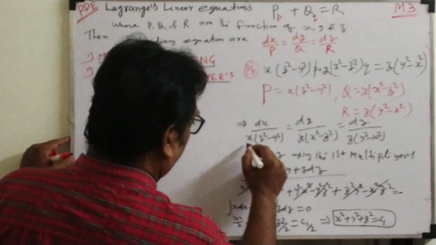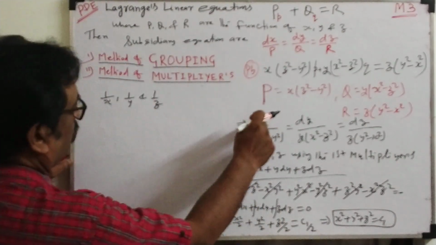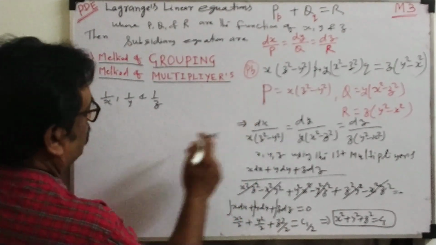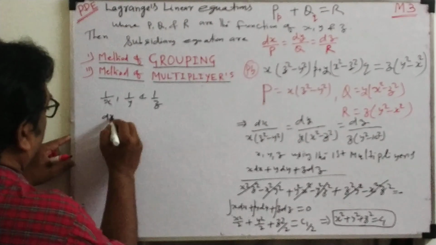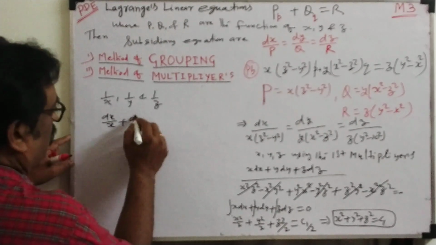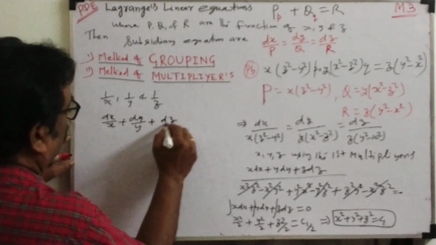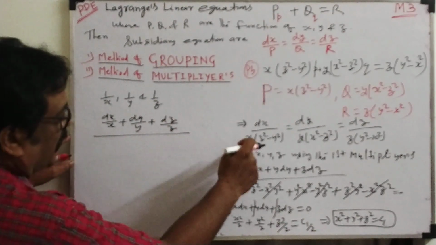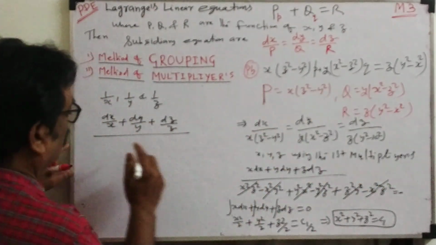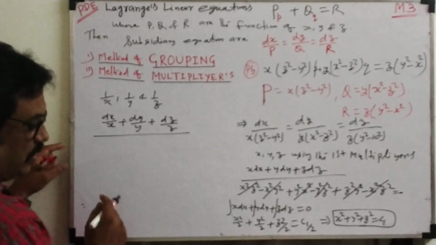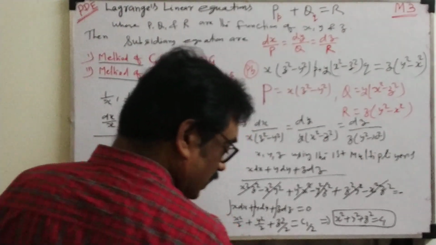So see, if you divide here numerator and denominator, what will happen? dx by x plus dy by y plus dz by z, and divide the denominators by x, y, z. Using the multipliers 1/x, 1/y, 1/z.